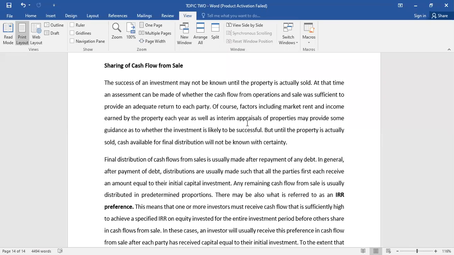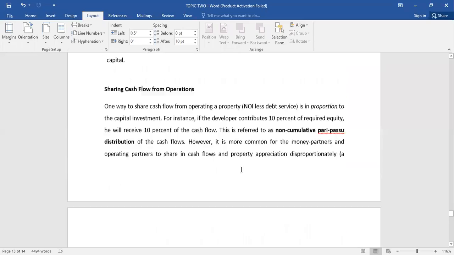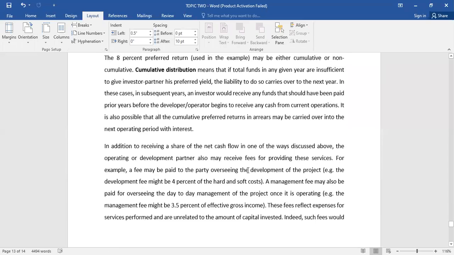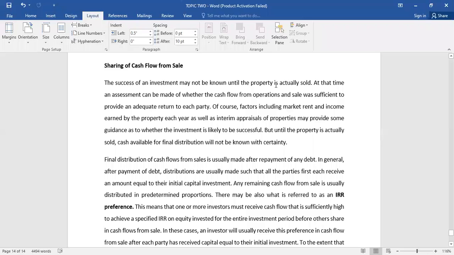So the success of the investment may not be known until the property is actually sold. So we could be doing all this in the JV and trying to apportion first year, second year, and the like. But when it comes to the prevailing market rate, or when we will be disposing, it shocks us. So it needs a lot of calculation to know exactly.